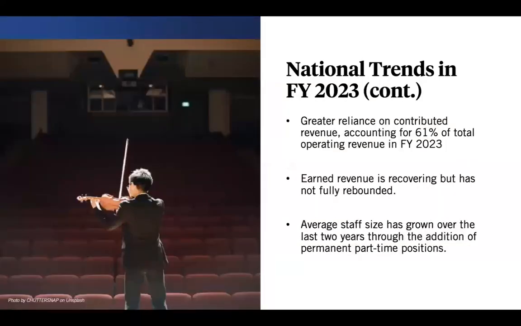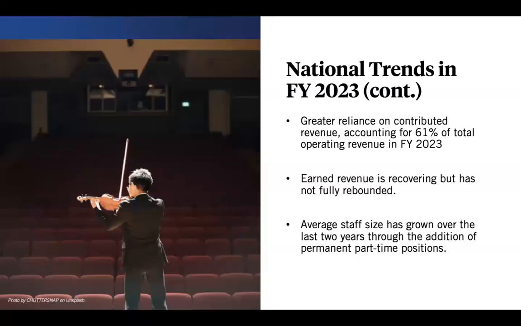Now, with funding, we found that there was a greater reliance on contributed revenue, and that continued through fiscal year 2023, with it accounting for 53% of total operating revenue. Earned revenue is recovering, but hasn't quite caught up to inflation or fully rebounded in terms of the percentage of organizational expenses that it covered.